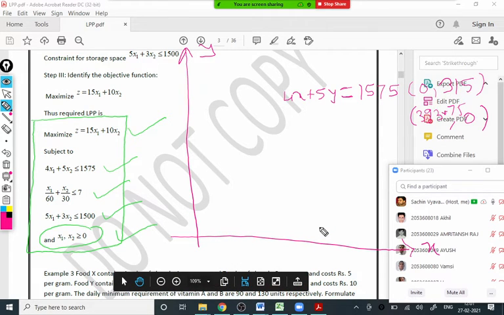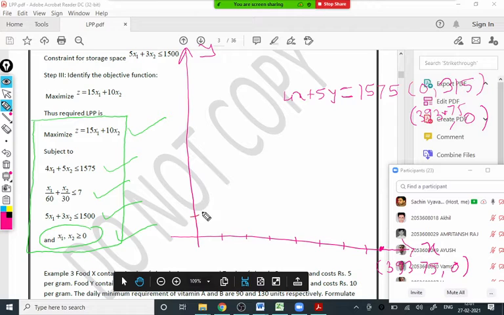So you may take, suppose, 50 units: 50, 100, 150, 200, 250, 300, 350, and somewhere here is the point (393.75, 0).